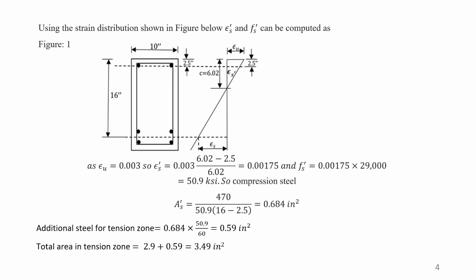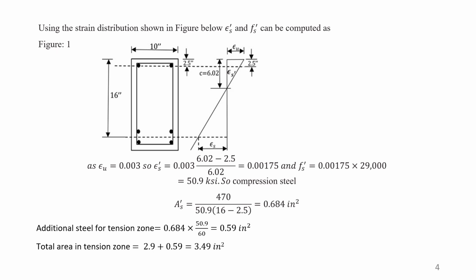Here's a figure where we have given the details of the beam cross section and strain diagram. As you know, in a strain diagram, the strain is in a straight line. At the top is the compression strain epsilon u. Concrete strain is denoted by epsilon u, and steel strain is denoted by epsilon s.